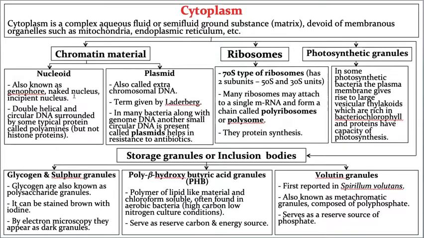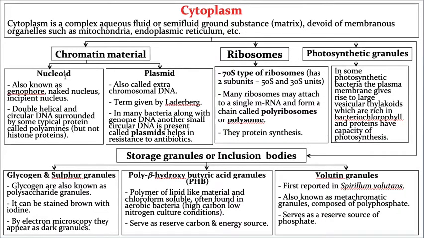Why is it called a naked nucleus? Hope you know, but still I am telling you, the nucleus is not covered by any nuclear membrane. That's why it is called a naked nucleus or incipient nucleus. You can write anything, because the meaning is the same. You can write genophore also, it is still valid. We will give you marks, so no problem.